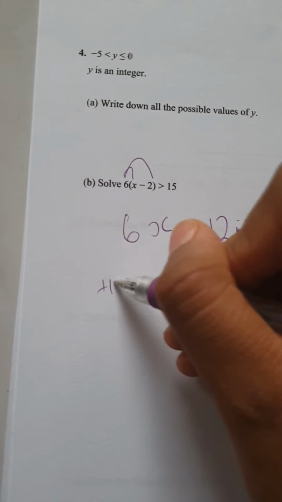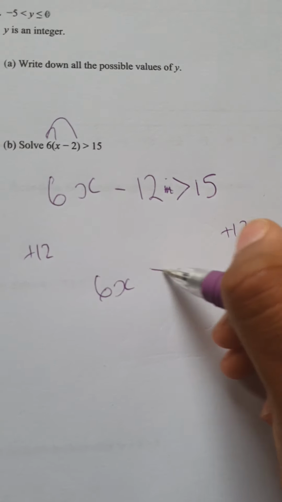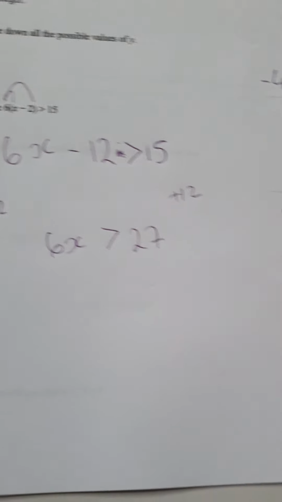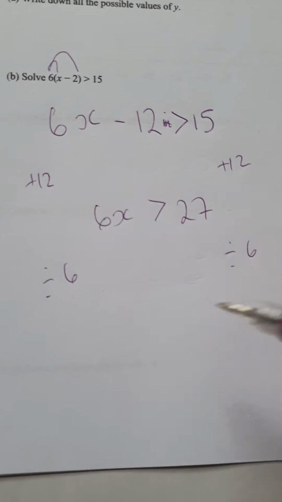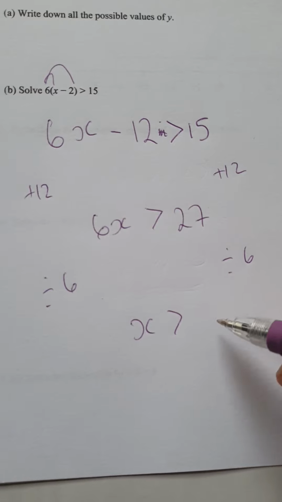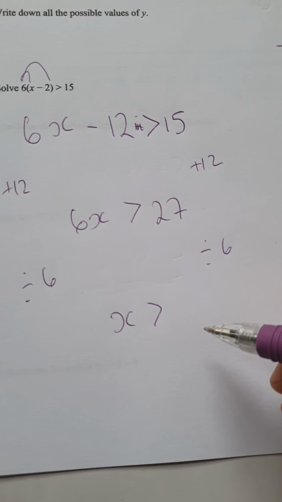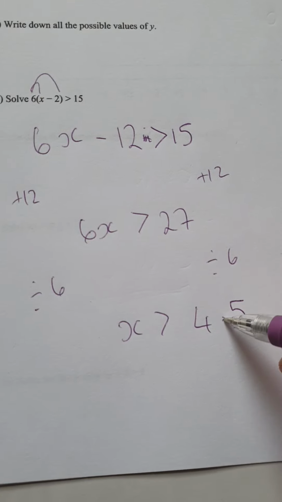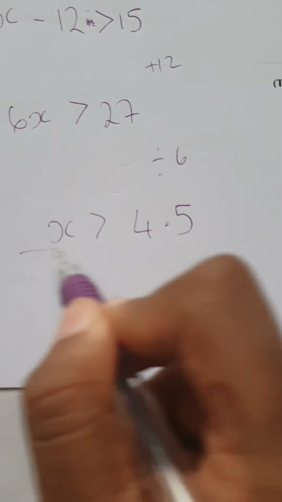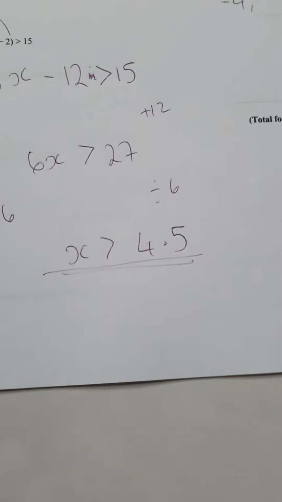We add 12, we get 6x is greater than 27, and then we divide by 6. We've got x is greater than, what is 27 divided by 6? Oh, 4.5. Okay, so that is again just solving like a normal equation.